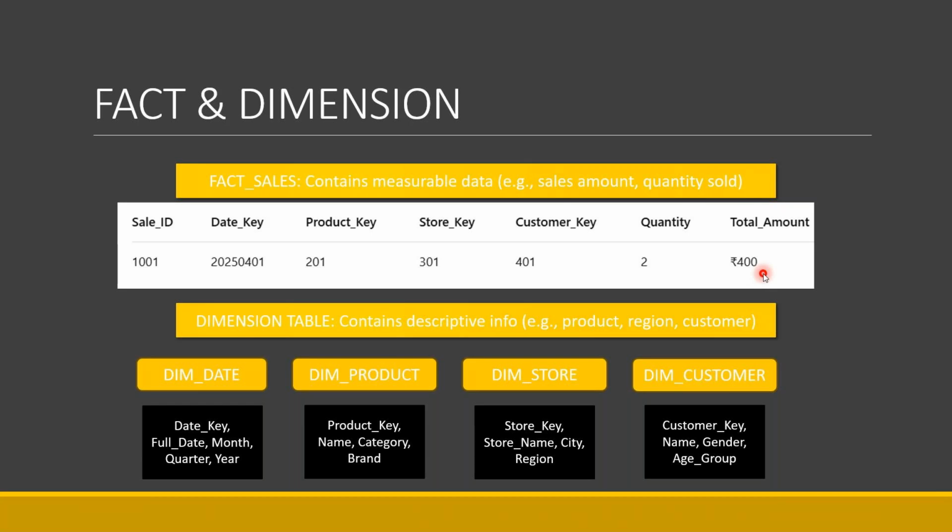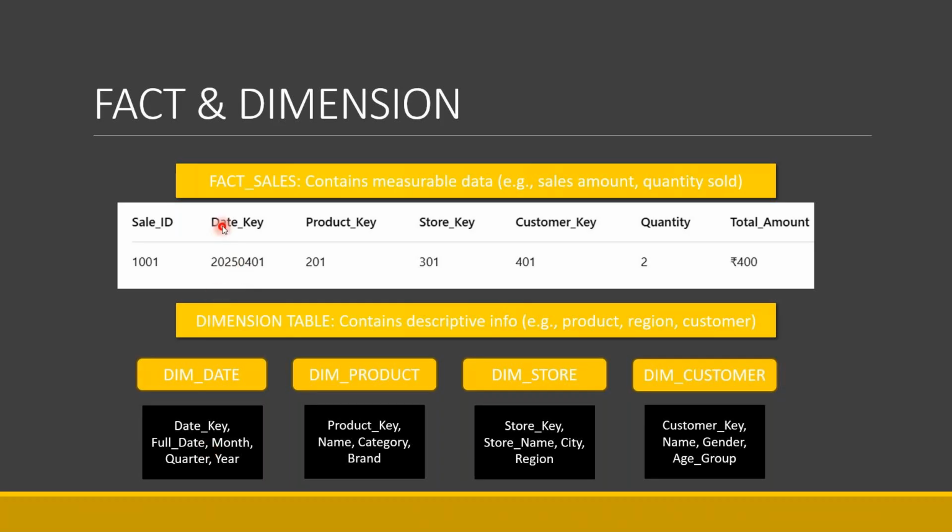What about the key columns? How do we differentiate them from the measurable columns? Key columns are introduced just to establish a relationship between this fact table and the dimension table.